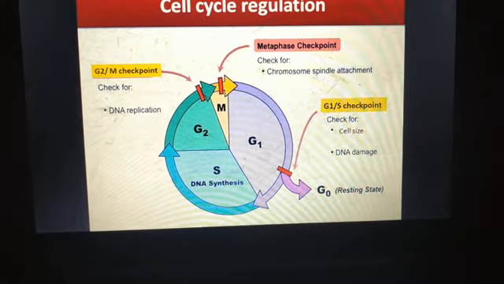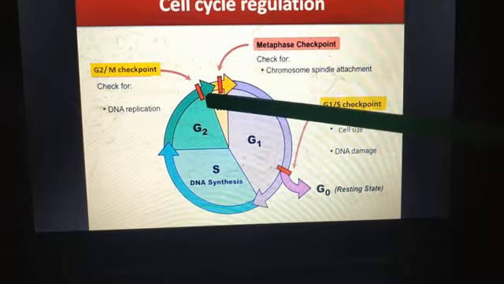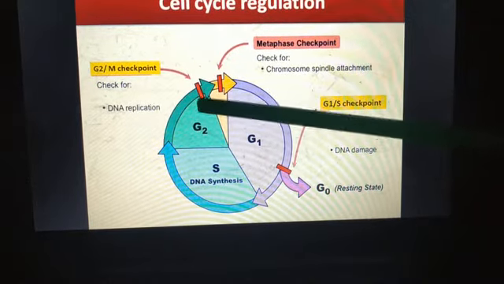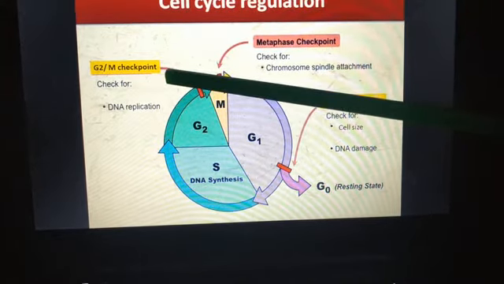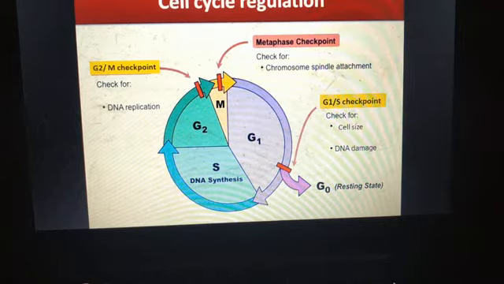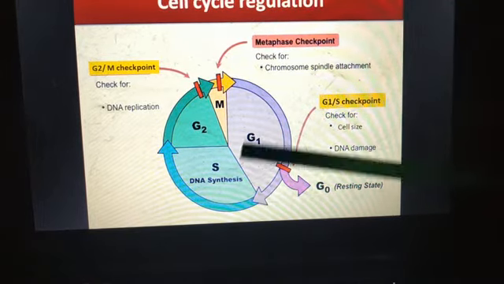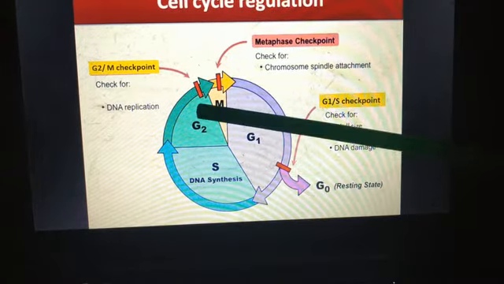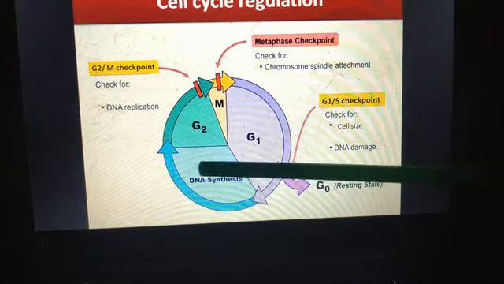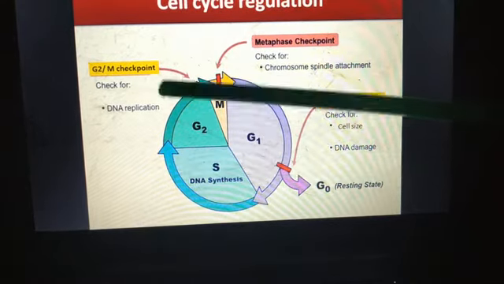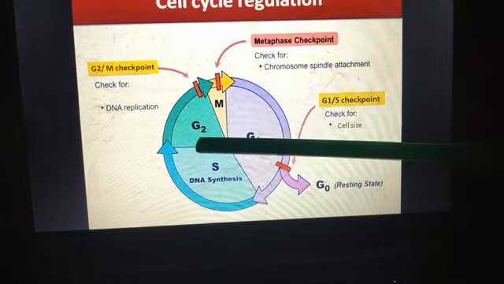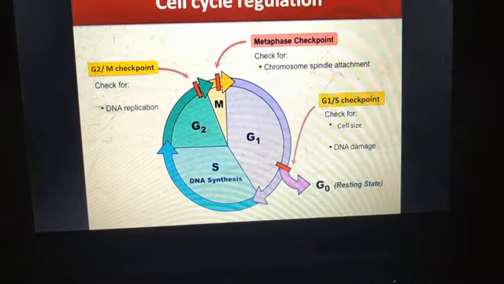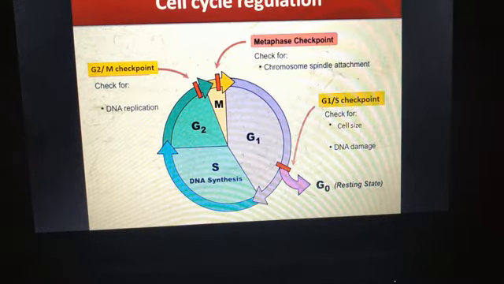Now the next checkpoint is present here. The second checkpoint is the G2M checkpoint. Since we don't have any checkpoint in the S phase, this G2M checkpoint will check for both the S phase and G2 phase. So it will check whether the DNA has been replicated properly or not.